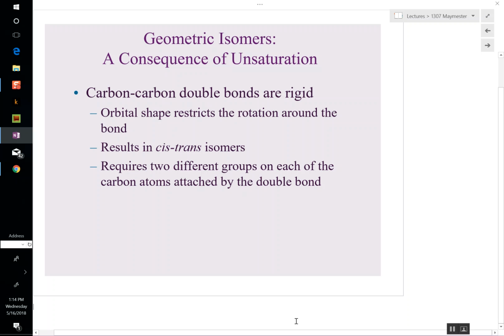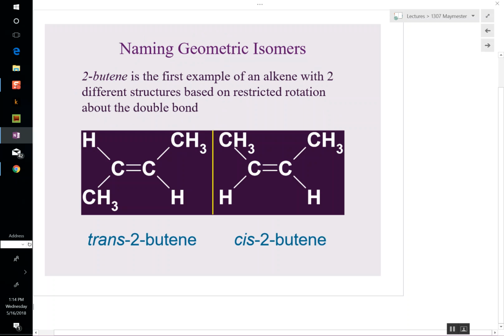So there's a couple rules you have to learn. This is your poster child right here. If you think about cis and trans isomers, think of 2-butene. It's the simplest molecule to think about. And you can see cis, it comes like this and goes like that.